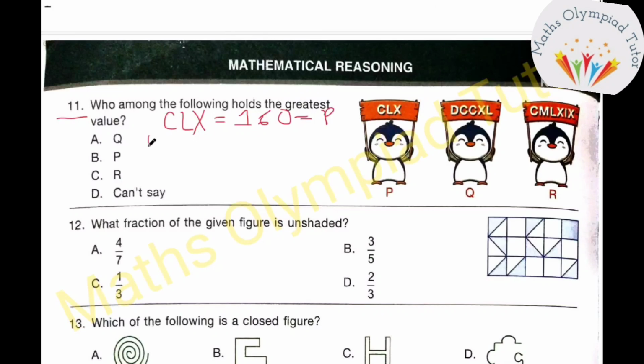Similarly for Q it is DCCXL. D is 500, CC, both C, 100 100, so it is 200. XL is, X is 10, L is 50, so this is 40. 500 for D, 200 for this double C, and XL is 40, so total is 740, which is the value for Q. Similarly for R, it is CMLXIX.